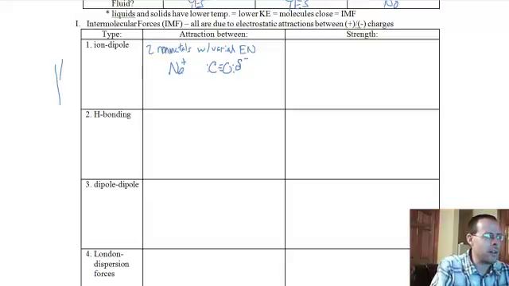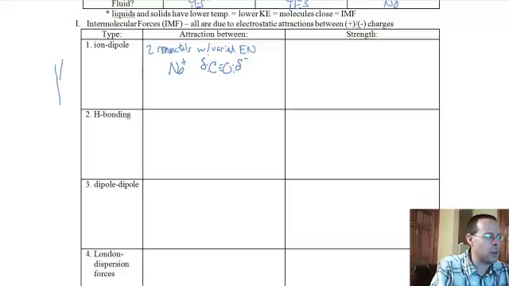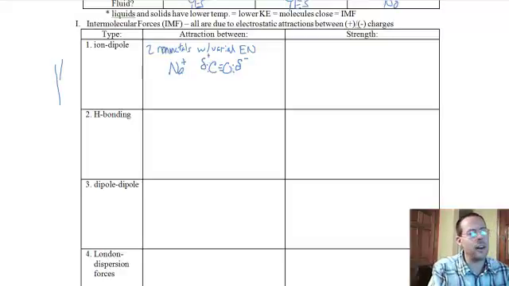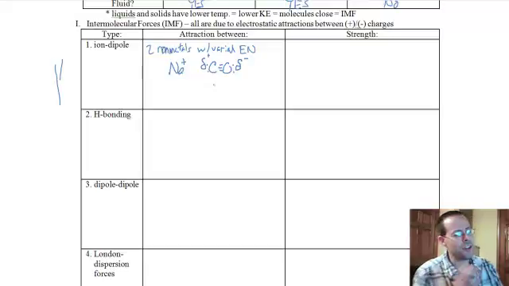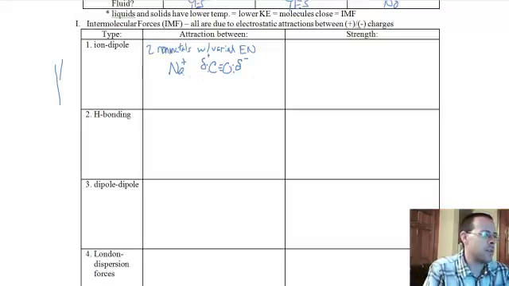This little symbol right here, the Greek symbol delta, just means partially negative, where our carbon side is partially positive. Electrons tend to gather on the oxygen side, which means they're leaving the carbon side, so the carbon becomes positive and the oxygen becomes negative. So if we had some sodium ions, they would be attracted to the oxygen side.